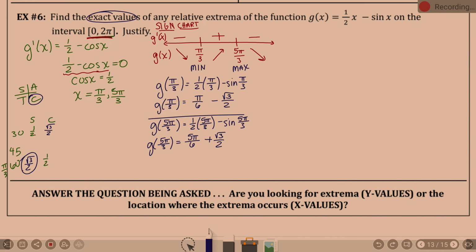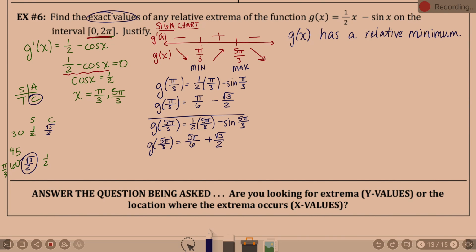Yes? Okay. So I have written out: G has a relative min of blank at blank, since G prime of X changes from blank to blank. That's the format I'm going for, because we need to justify. So G of X has a relative minimum.